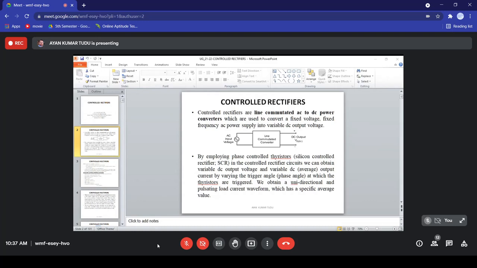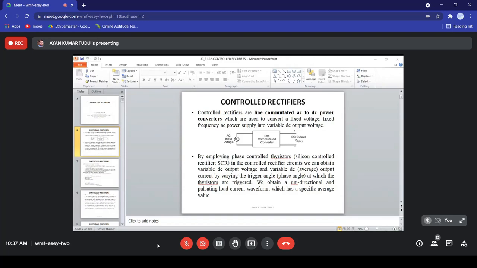When the load current falls to zero, the thyristor turns off due to AC line commutation. When the thyristor is conducting, the output voltage across the load will always follow the input supply voltage through the conducting thyristor.